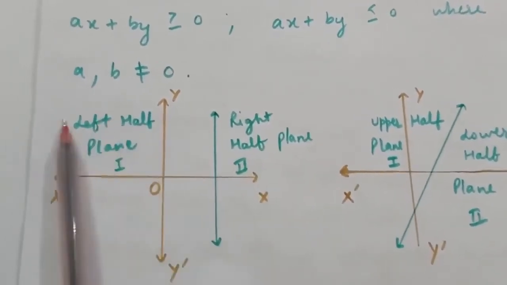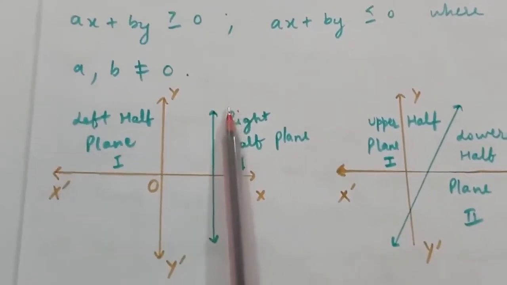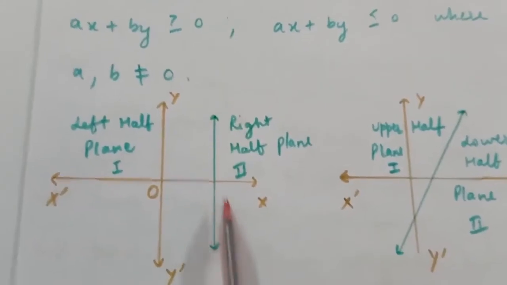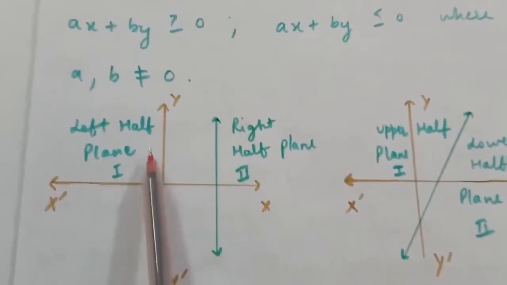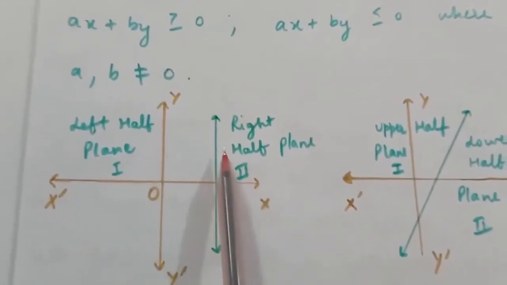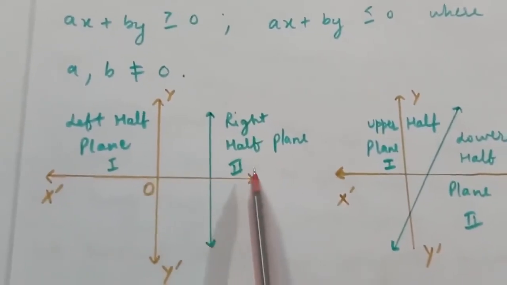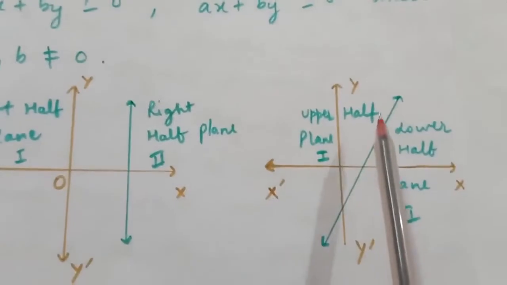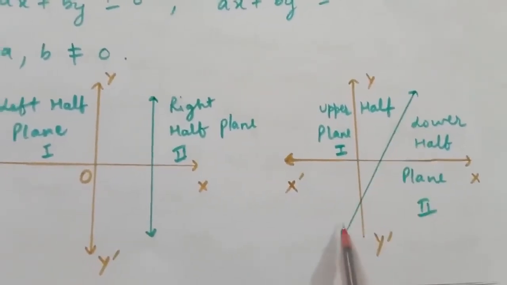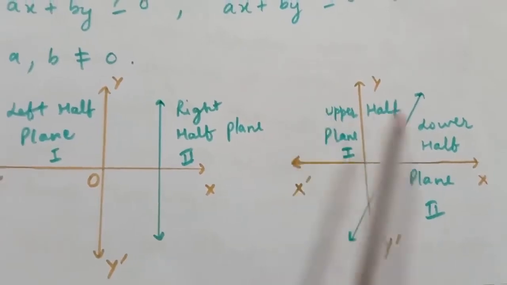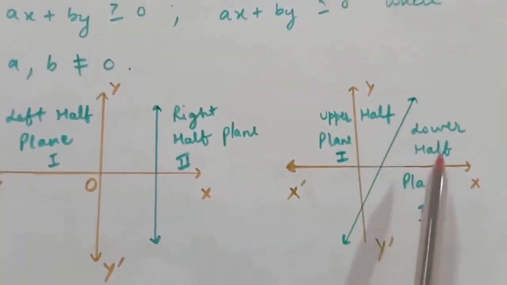This is our left half plane 1, this is our right half plane 2. Also any non-vertical line cuts the graph into two half planes. This is our upper half plane, this one is our lower half plane.